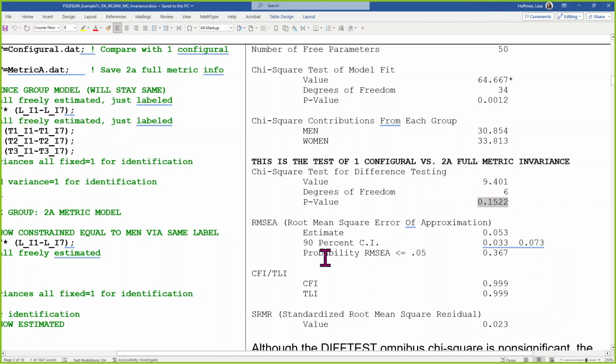So good news or bad news if I want my loadings to be the same? If I want my loadings to be the same, is this a good result or a bad result? Good result. Yeah, this means it did not hurt the model fit, did not make it worse.